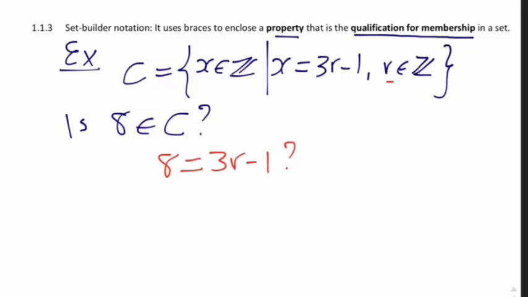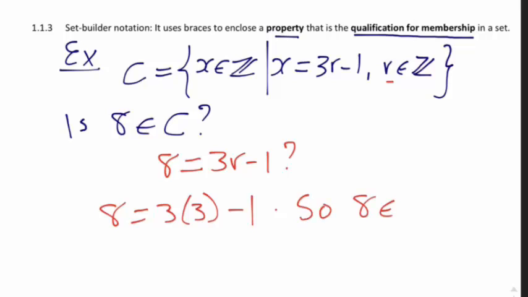Is that possible? And the answer is yes. 8 equals 3 times 3 minus 1. So 8 is an element of C. And we're good. Is 7 an element of C?